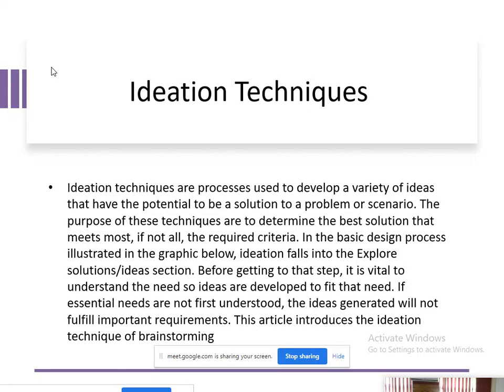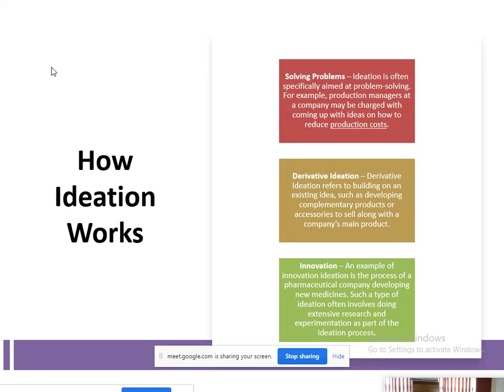Next, this is how ideation actually works. It is a kind of brainstorming session you have to do with yourself. Only then will you be able to think about how ideation works.